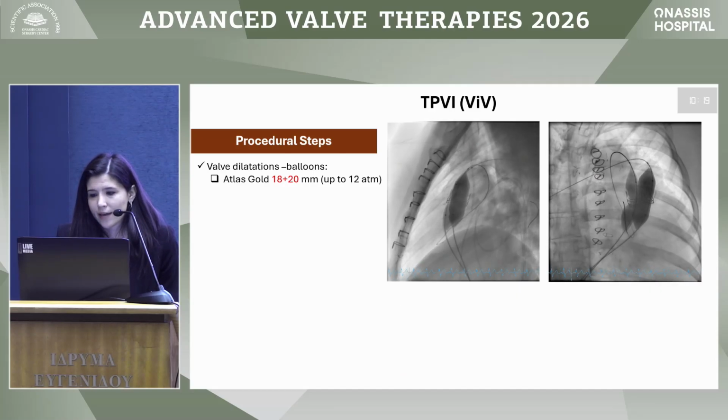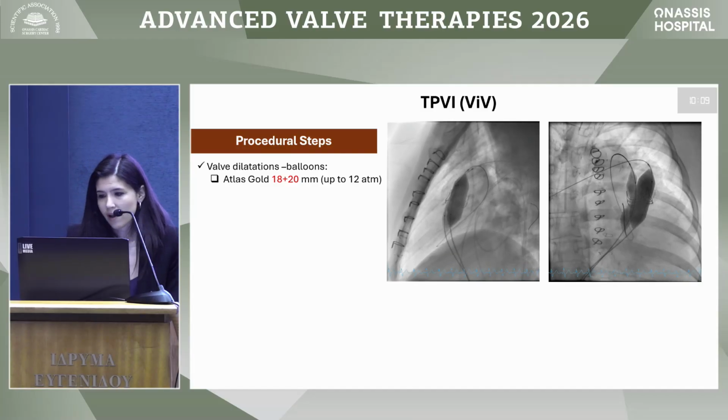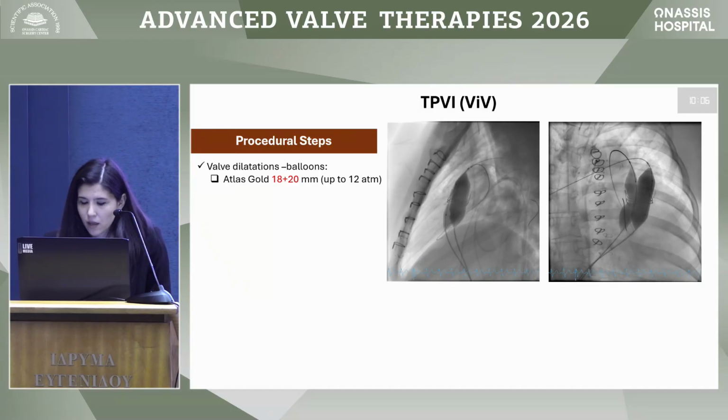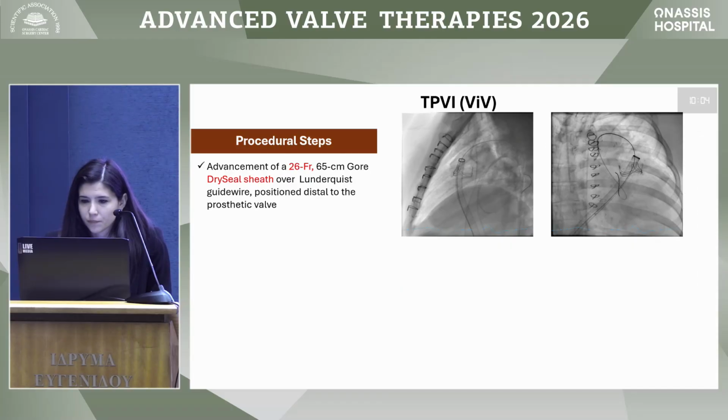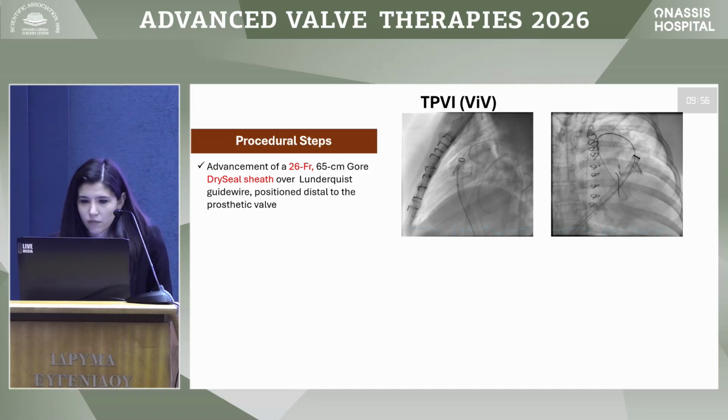So we make again a dilatation with 18 and 20 balloons this time. And at some point, we feel the loss of pressure. So we know we have made the crack. And in fact, you can see this because here you can see the cracked flail leaflet of the valve.